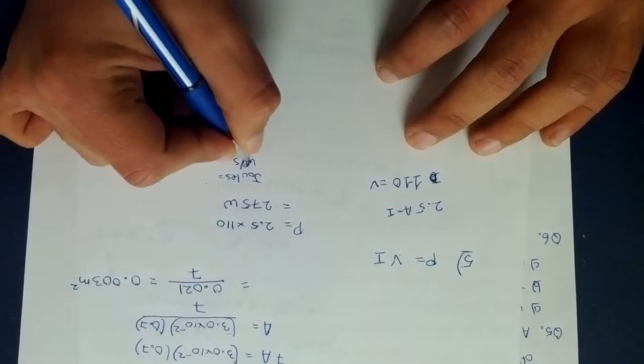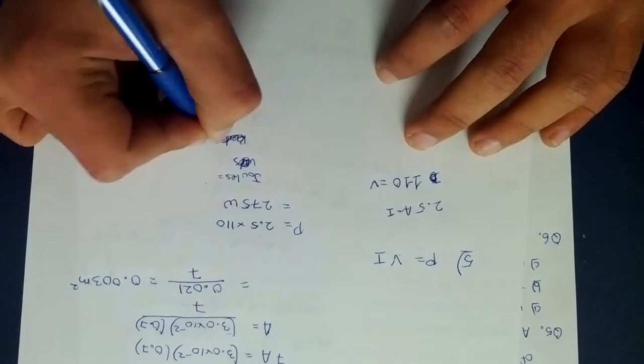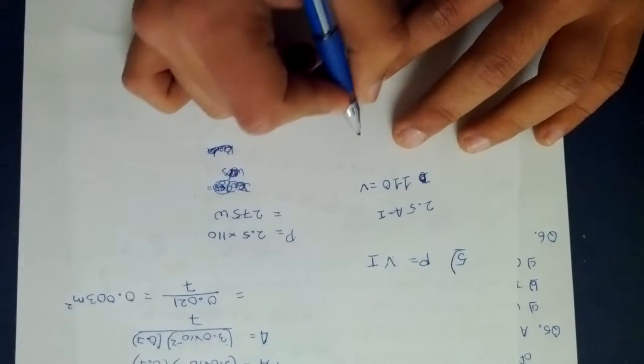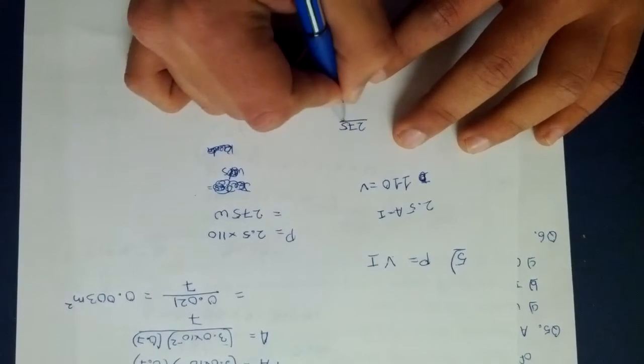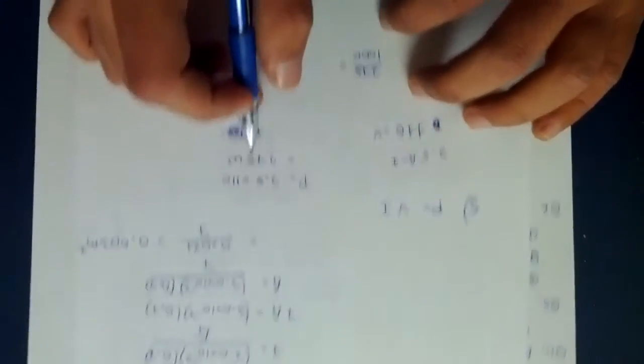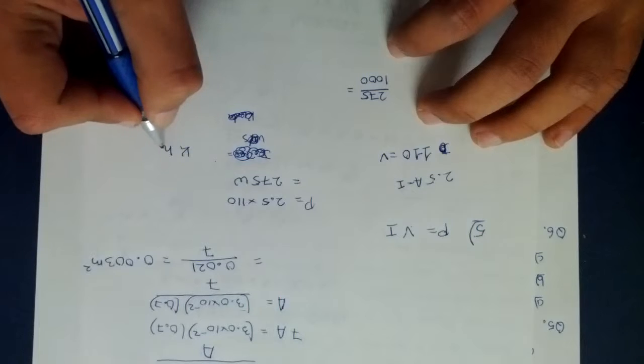So to transform that, we would just divide 275 by 1000. And the reason why we do this is because, here, let me draw it again, kids.